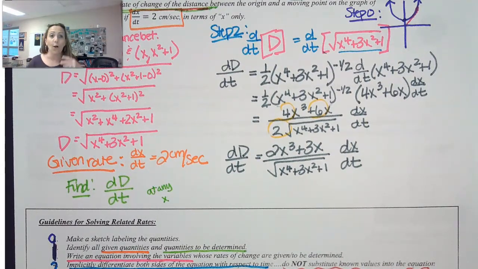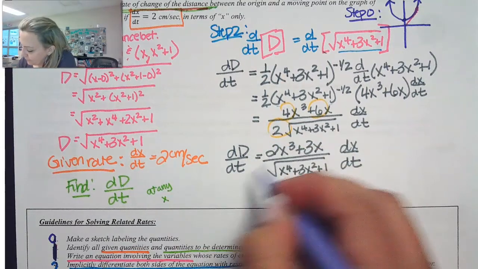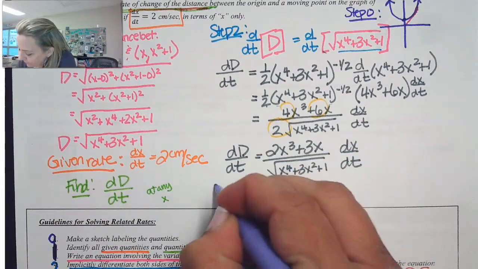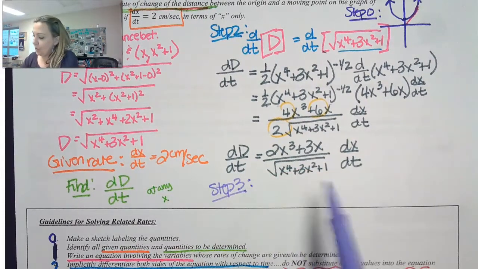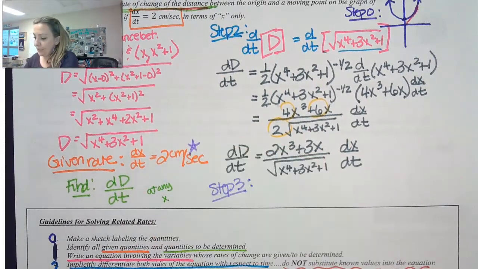Okay, so all of the stuff that we've been talking about this whole time, we can apply in that step 2. And now in step 3, we essentially are just going to put in this 2 centimeters per second.